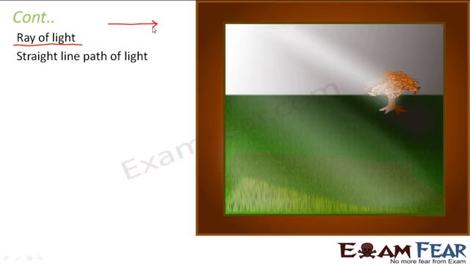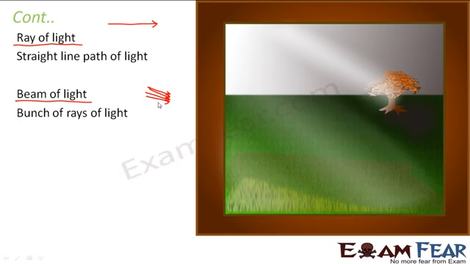So this straight line path of light is termed as ray of light. And what is a beam of light? When you have a bunch of rays of light, a collection of rays of light, this entire thing is known as a beam of light. As a matter of convention, everywhere in this lesson we will be talking about a ray of light.